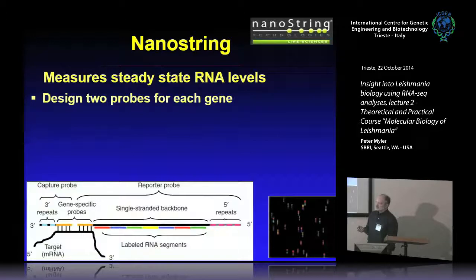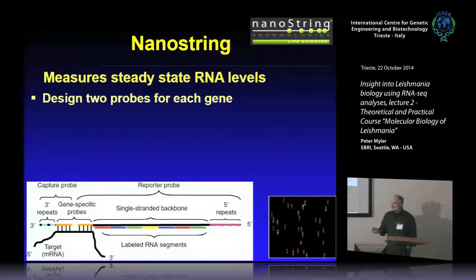You design it so that it matches a unique sequence on your messenger RNA. And on the other end of it, it contains some repeat sequences that serve to capture it on a glass slide so that you can then have those lying down on a glass slide, and then when you put the RNA on top of it, that will be captured by this region here.